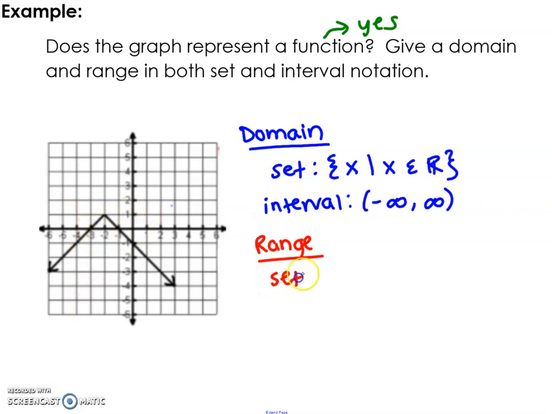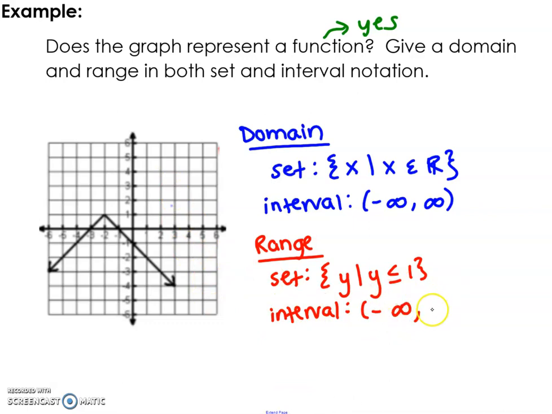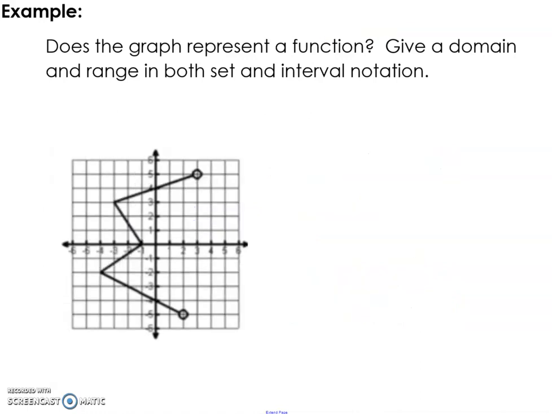So for our set builder notation, we're going to say y such that y is less than or equal to 1. And then for our interval notation, remember that we are going from the bottom to the top, so the lowest y value we have would be negative infinity, and it goes up to positive 1, and it does include 1, so we're going to have a square bracket.